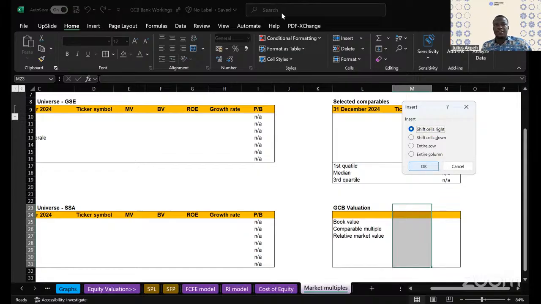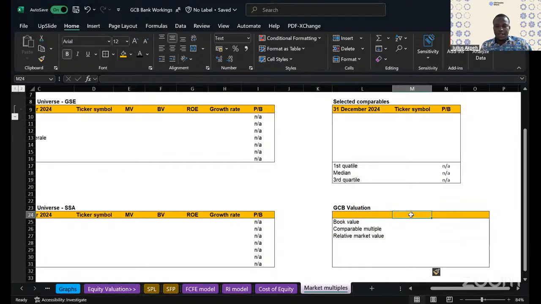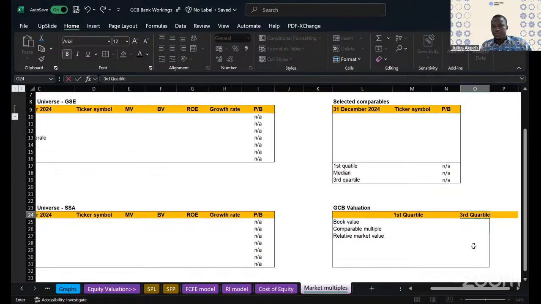Just to set these things down. So this will be the valuation based on first quartile. So first quartile valuation. And this is the median. And this is the third quartile. You see these things, third quartile.